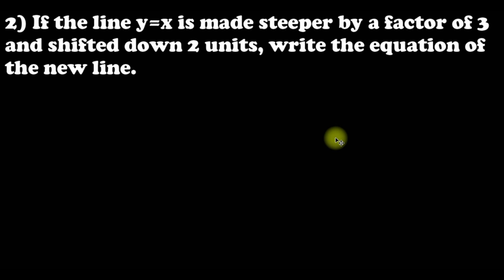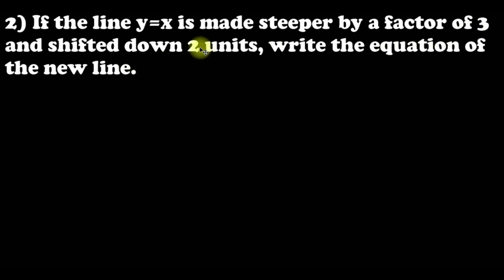So this one we are going to apply the transformation to the parent function. Okay, so you're given y equals x as a parent function. It's made steeper by a factor of 3. So the slope will be multiplied by 3. Okay, and then shifted down 2 units.